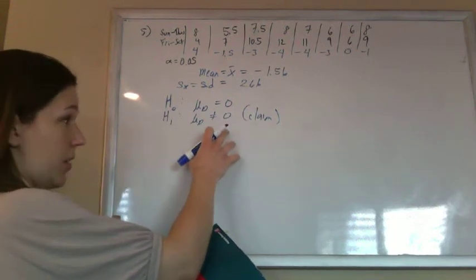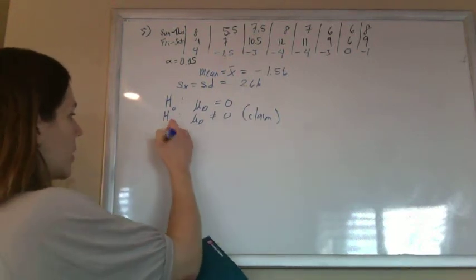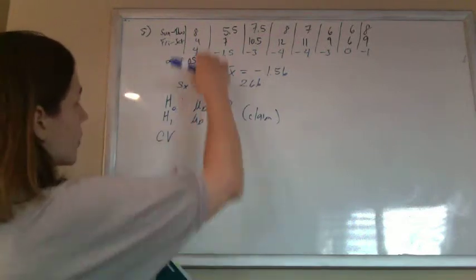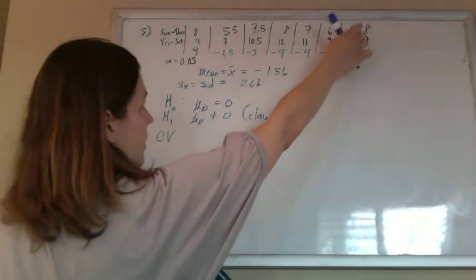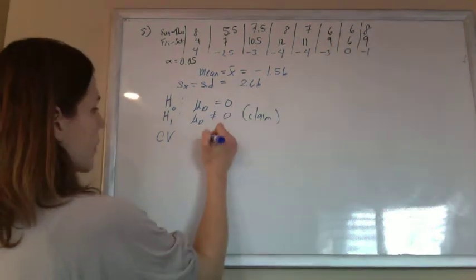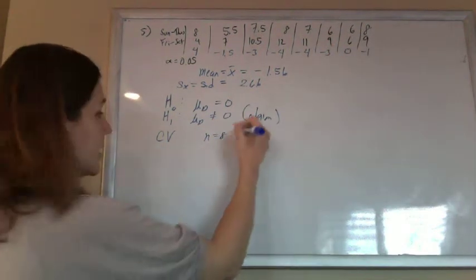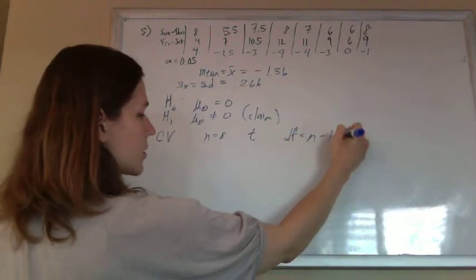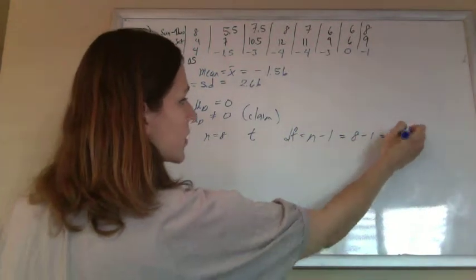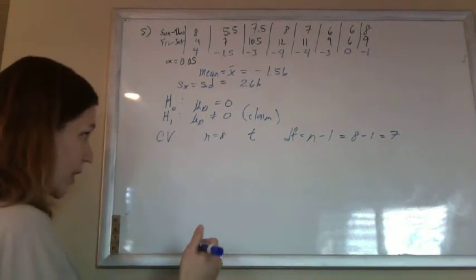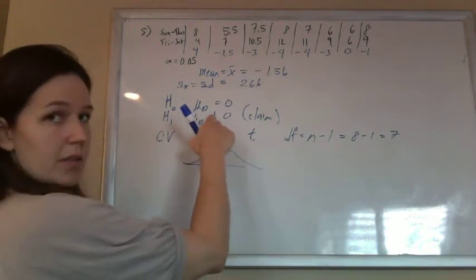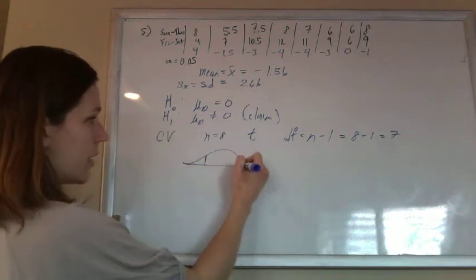Yeah. All right. So, critical values. Because we have 8 data points, we're going to use a t-table, with degrees of freedom n minus 1, 8 minus 1, 7. It's not equal to, so two-tailed.